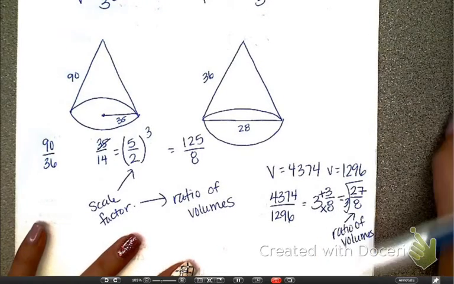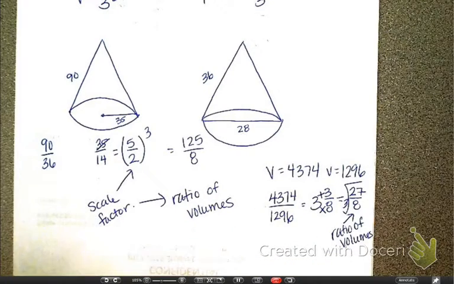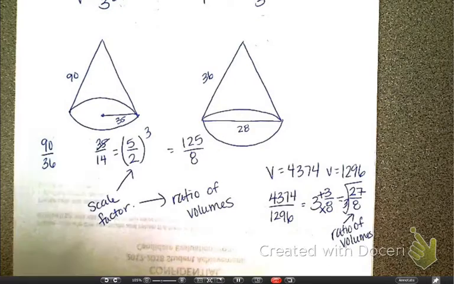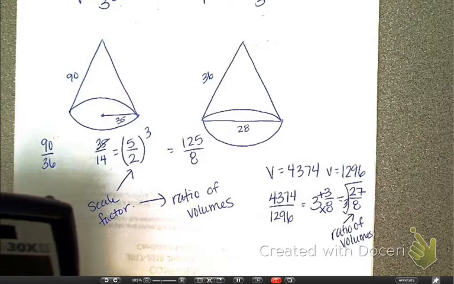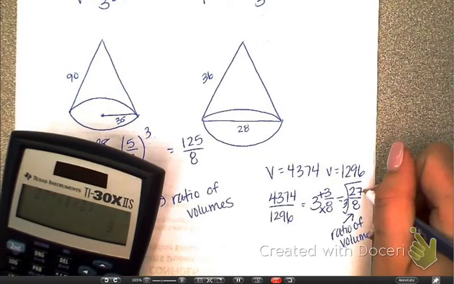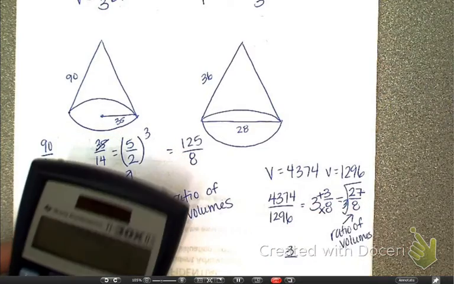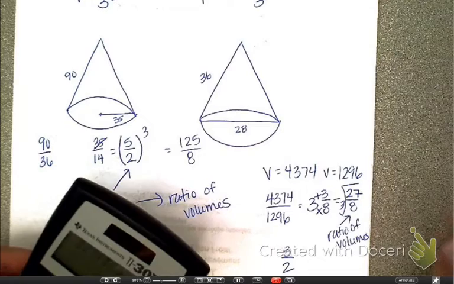So you either use the button with the x and then the root, or you do it to the 1/3 power. So in my calculator, I'm going to do 27 to the power of 1/3, which I know is 3, because 3 times 3 times 3 is 27. And I know the cube root of 8 is 2. But again, you can raise it to the 1/3 power, which will reduce that for you.